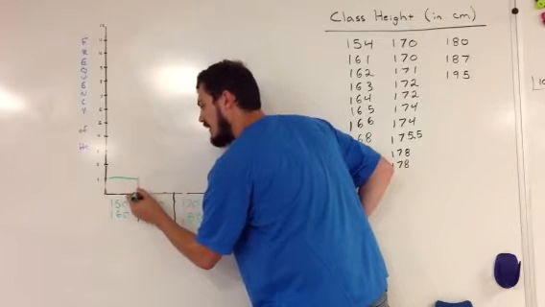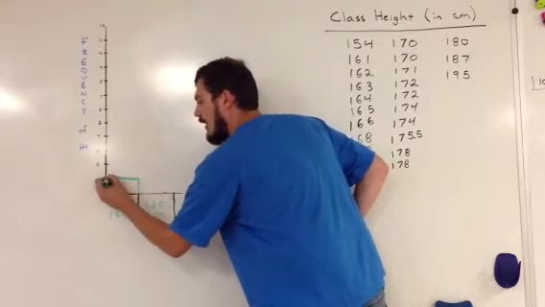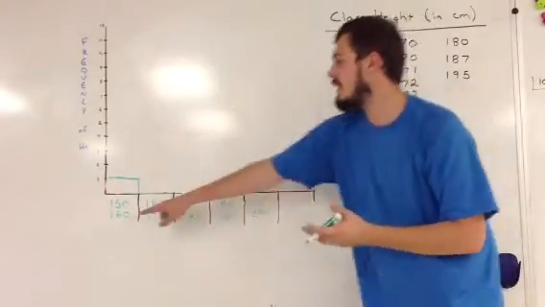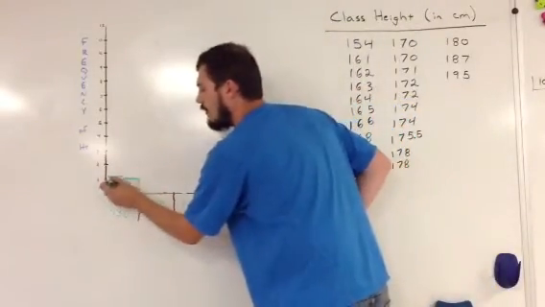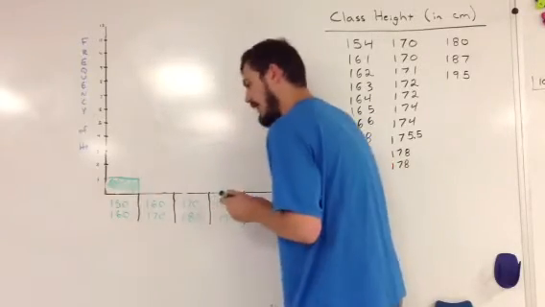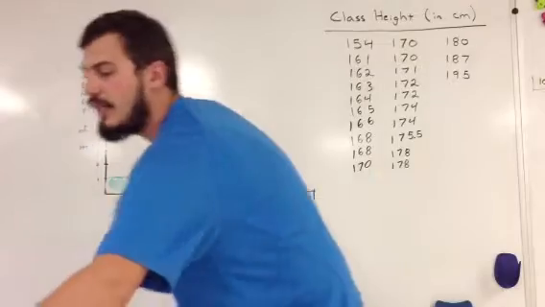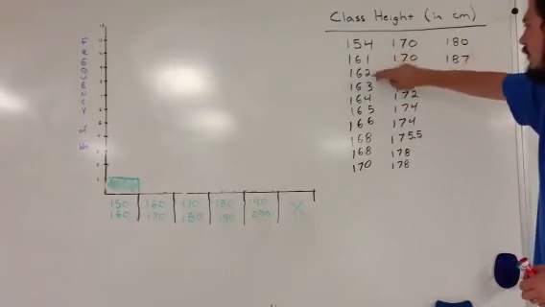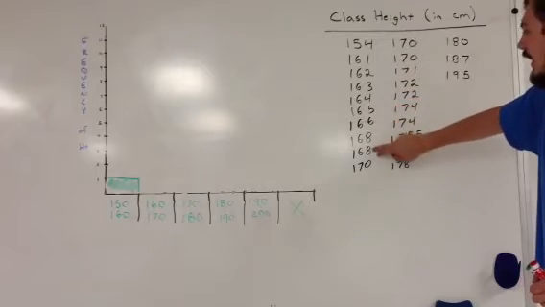So I'm going to take that and go up by 1. My x-axis is my bin. My y-axis is the frequency. So how many times does this show up? So we have 1 over here. Then my second one, I'm going to say 160 to 170. Well, I have 1, 2, 3, 4, 5, 6, 7, 8.